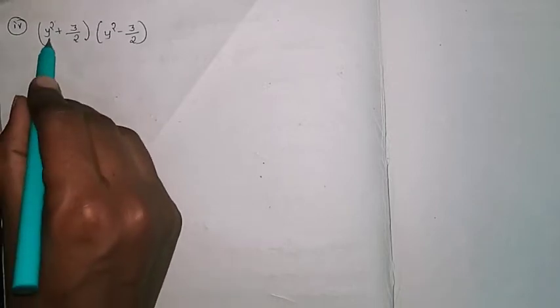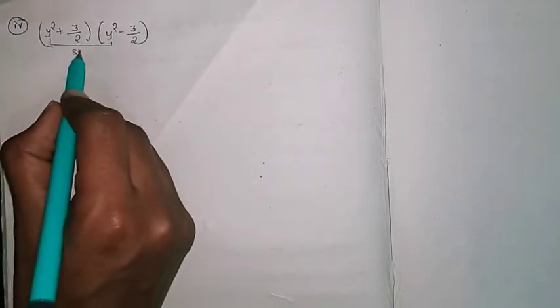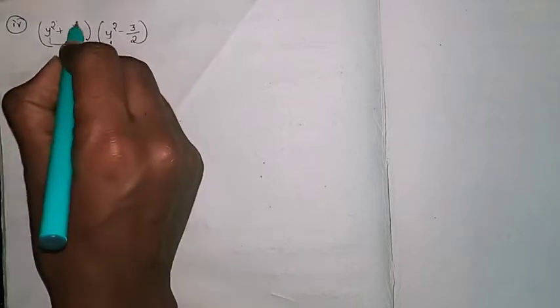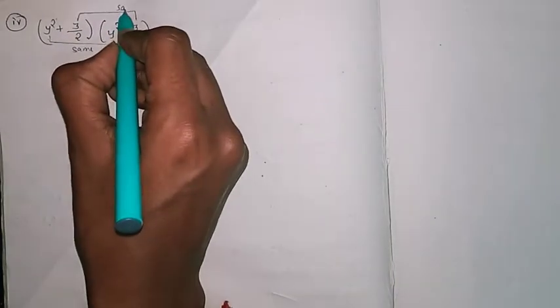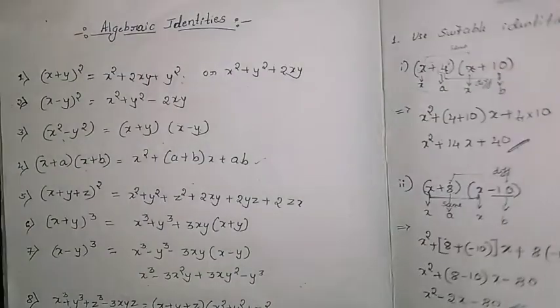So here in the fourth problem you can observe the first term y square, and the second term. These are the first terms similar, and these are the second terms similar. So before this, whatever we have solved, that time the second terms were different. Now the terms became same and the signs are different, so that's why you have to go for the formula.